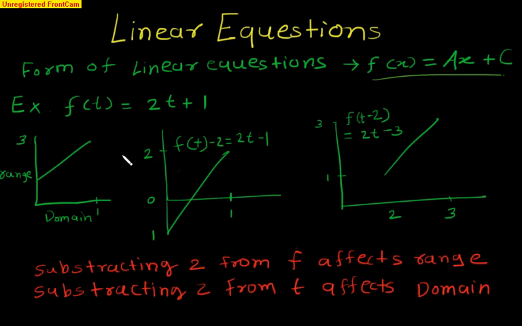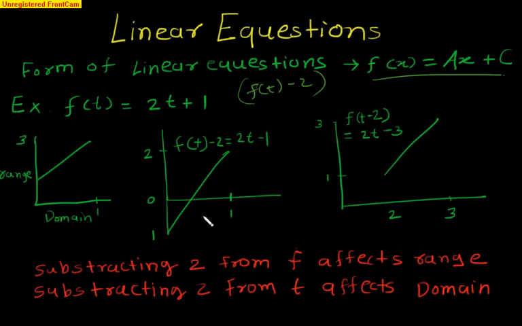What I have done here is subtract 2 from the range. In the first graph I have subtracted 2 from the range, meaning f of t minus 2. See here, we get this new equation 2t minus 1. It directly affects the range because we are subtracting directly from the function f of t.